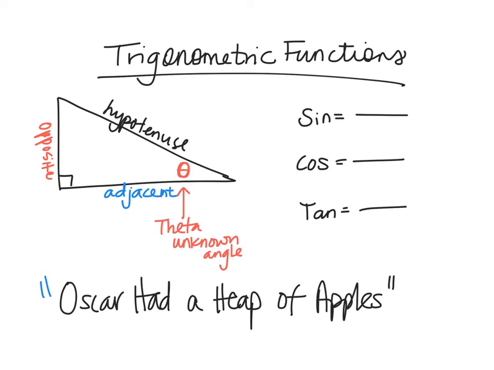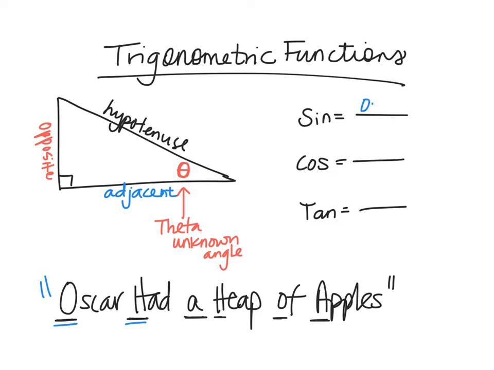And then the phrase that you need to know is Oscar has a heap of apples. Now, when you first look at that, you may say, okay, why in the world do I care about Oscar or what he has or apples or anything else? But you may start to notice that these letters tell us something important. So OH tells me sine, and O and H, if you think about our triangle, stand for opposite and hypotenuse.